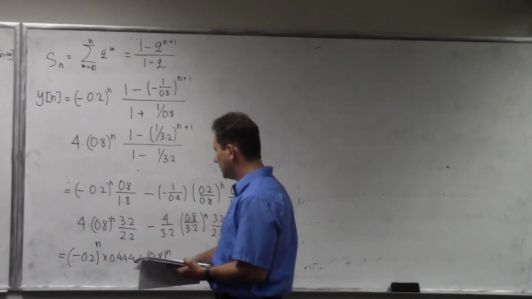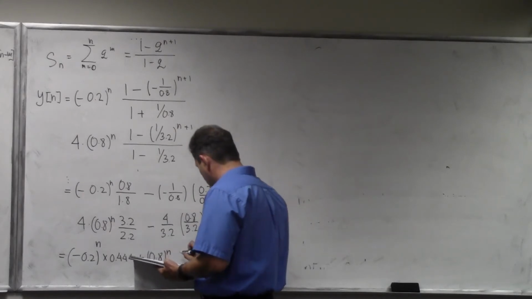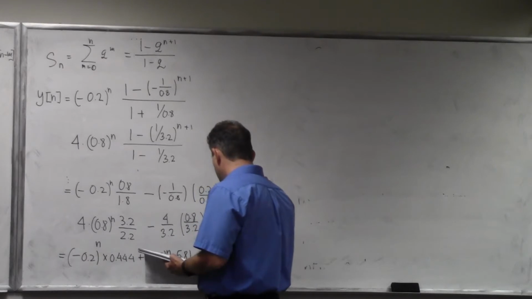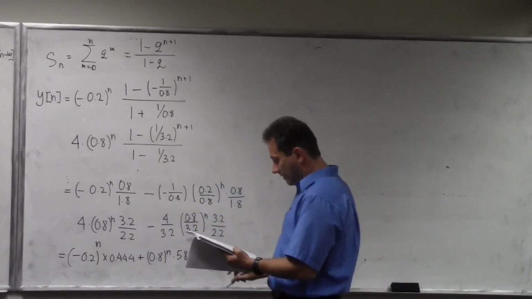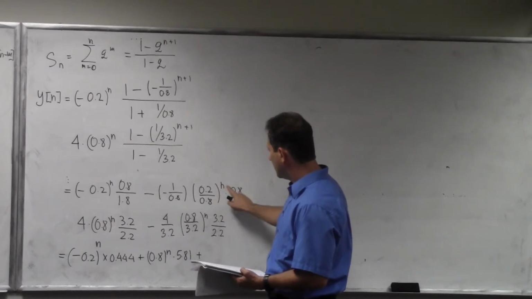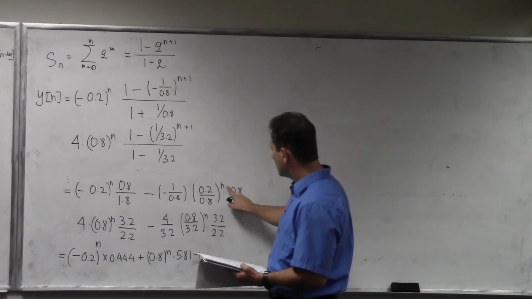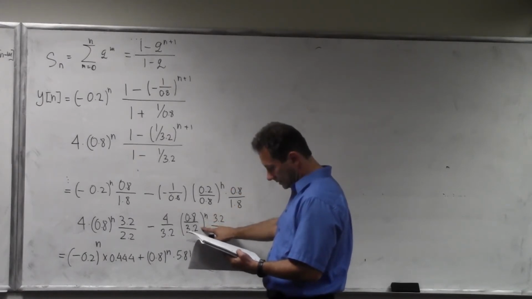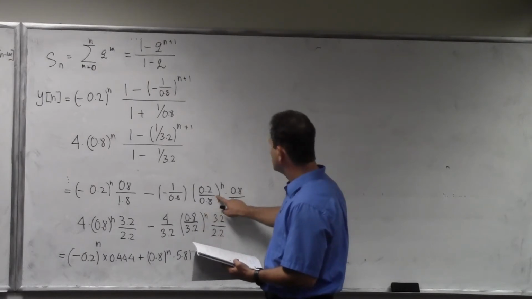So it should be close to 6. So this is 5.81. And then plus, now I have here, this is 4 to the n, and this is 4 to the minus n. But it's interesting, how is this?